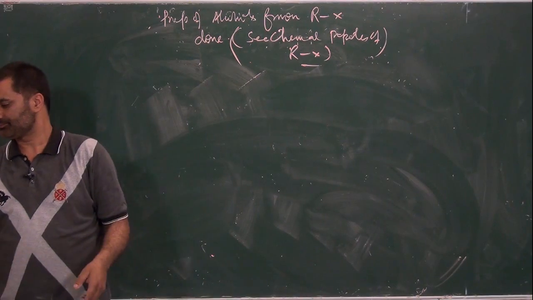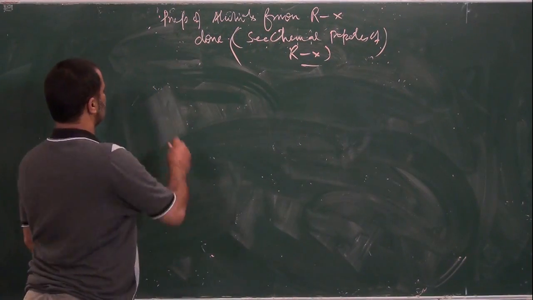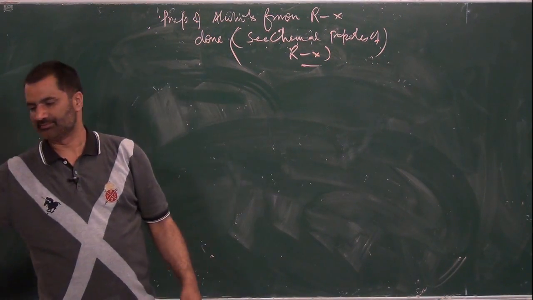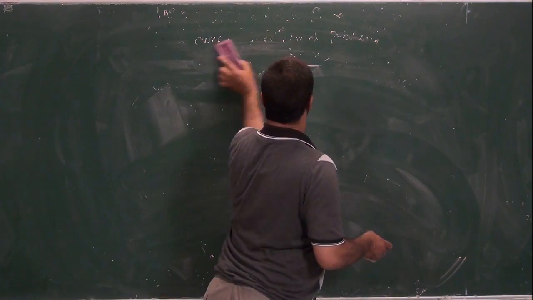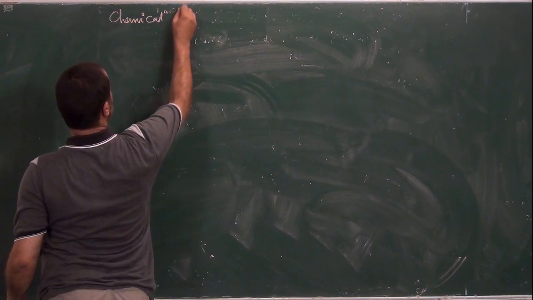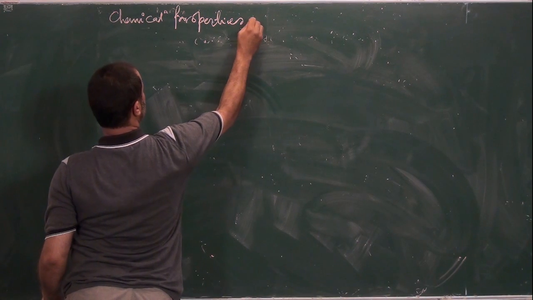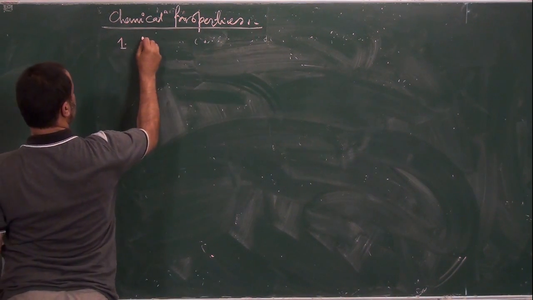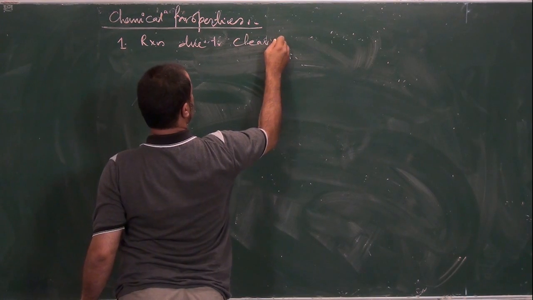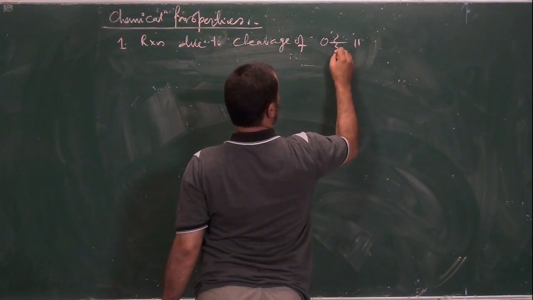Now for chemical properties, we have different types of reactions in case of alcohols. Number one, reactions due to cleavage of OH bond.